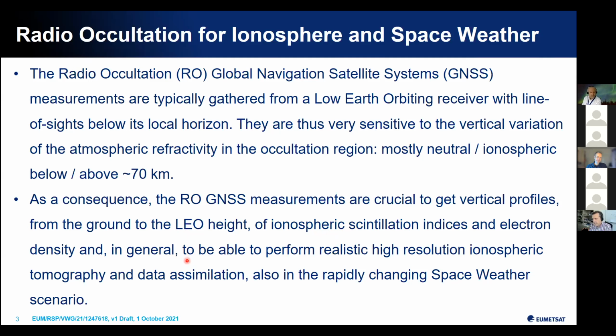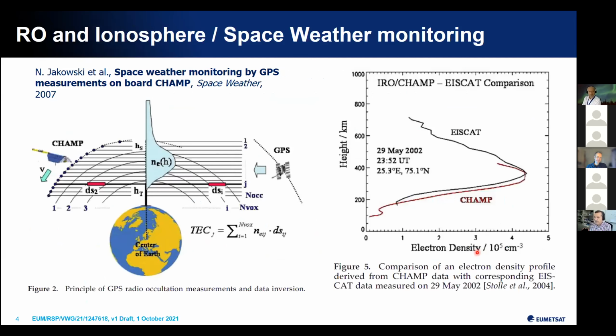They are also very valuable to be ingested in simulation models combined with other kinds of observations, or using background ionospheric models. So in the next slide, you can see a layout and an example obtained from the Jakowski et al. 2007 paper.